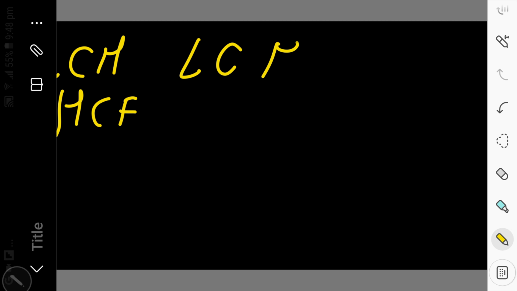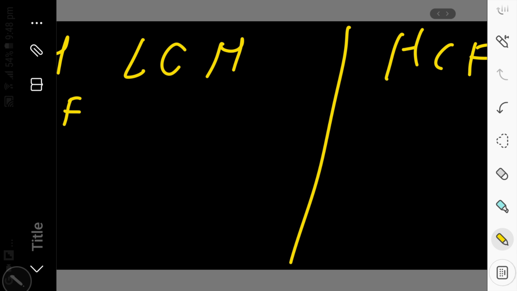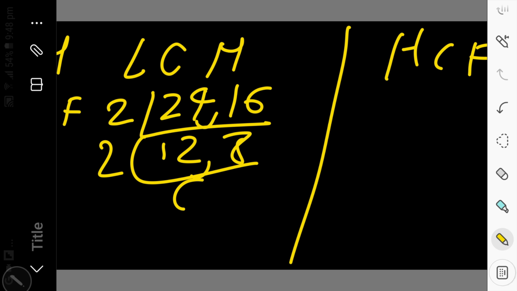Before going, let's summarize the LCM and HCF very quickly, using the division method, which is the easiest method. Let's do 24 and 16. In LCM, we find the least common multiple, which will give us 2 12, 2 6, 2 3, 2 2 4 as written.